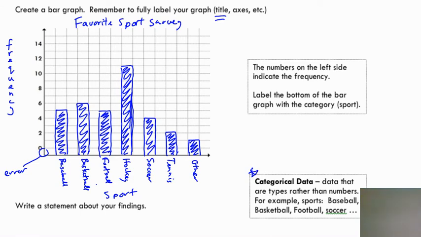This is categorical. There is no in-betweens. At least in this survey, it wasn't like you could half like baseball and half like basketball. So there's no continuous data here.